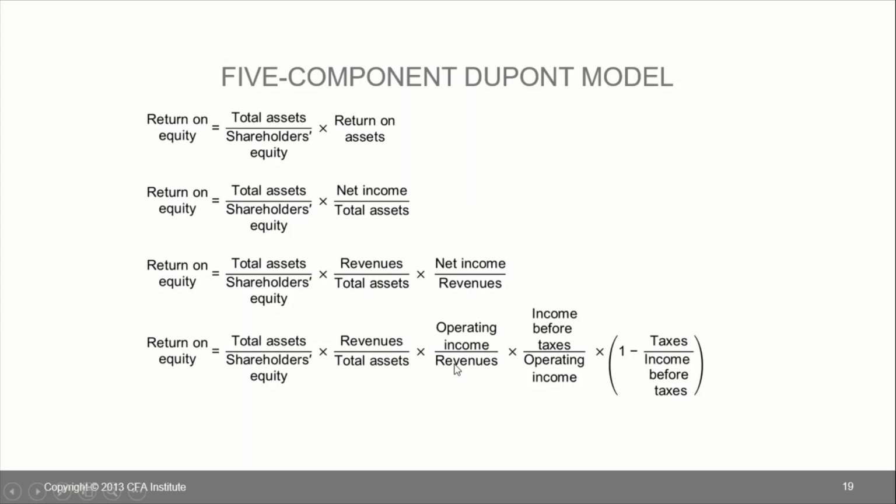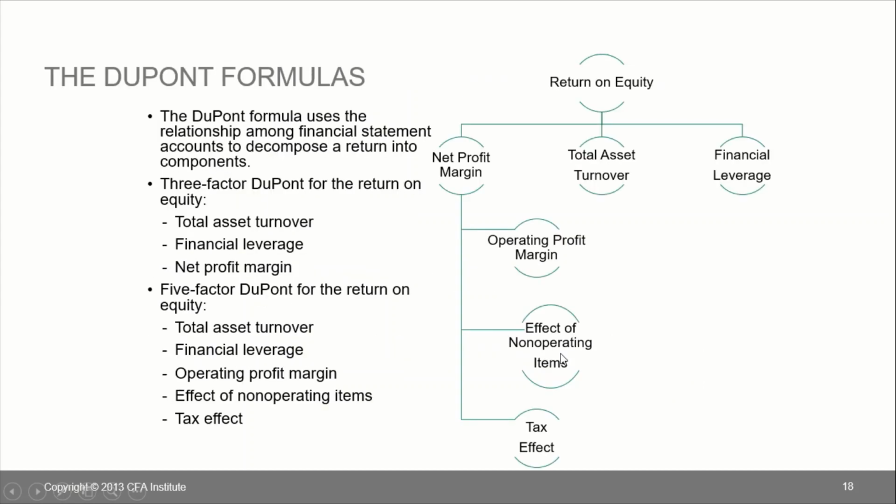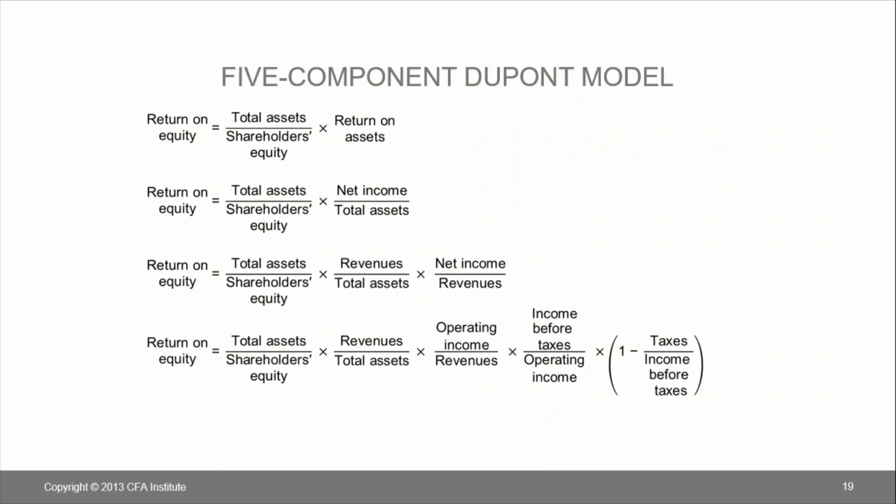Operating income divided by revenue is your operating profit margin. And then this one has something to do with the effects of non-operating items and your tax effect. So this is five ratios dissected to get one ratio, which is your return on equity. Okay, so yun lang naman ang ibig sabihin ng DuPont model.